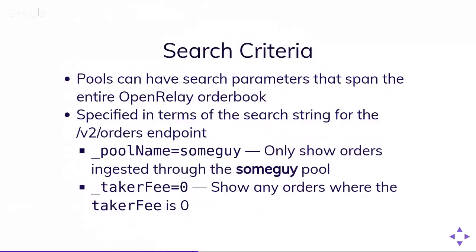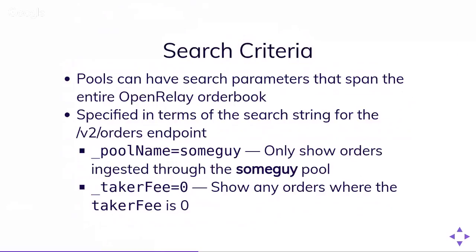Now, we've included this for a couple of reasons. There are a number of different sites out there that aggregate orders from a variety of different sources, and some of those sites don't like to mess with things where their takers are going to have to pay fees in a token that they may not have. So by creating an endpoint that only includes orders where the taker fee is 0, we make it easy for those sites to search for orders where the taker fee is 0, which are easier for them to deal with.